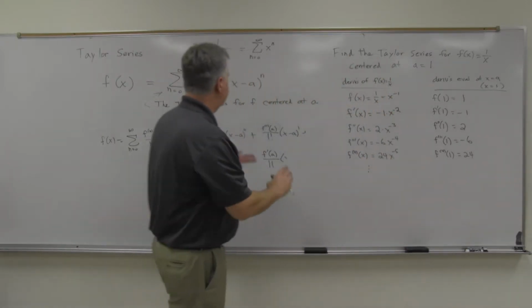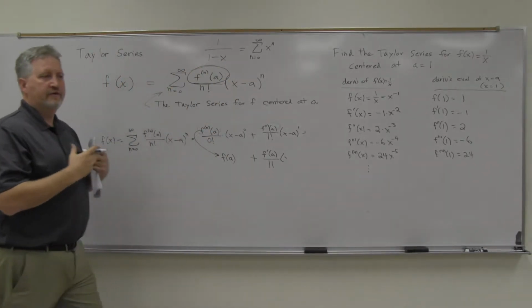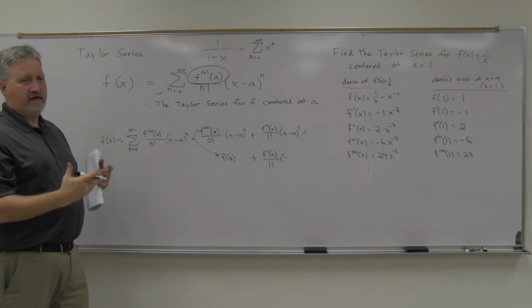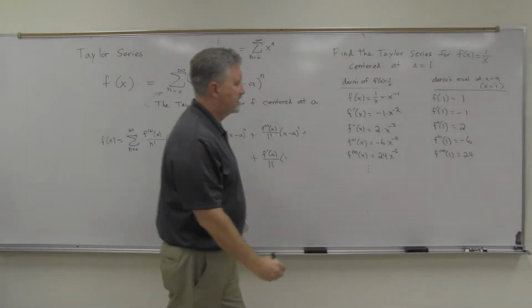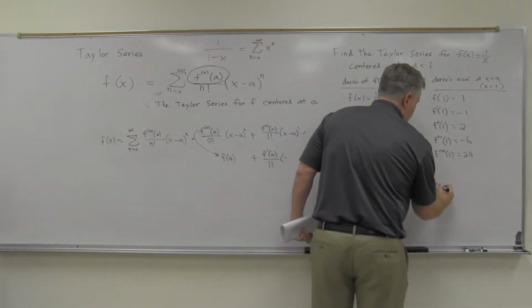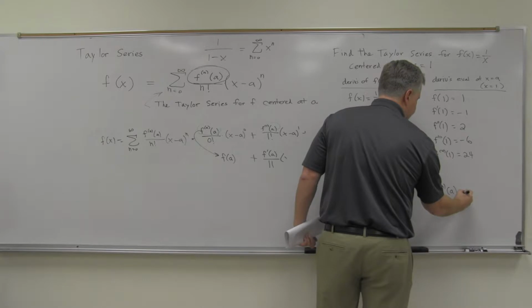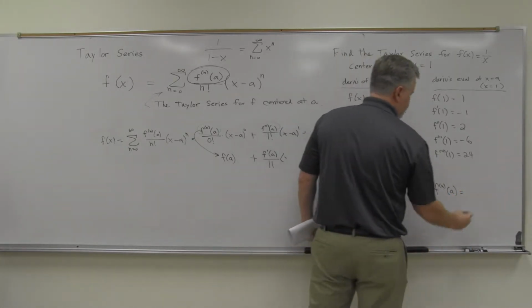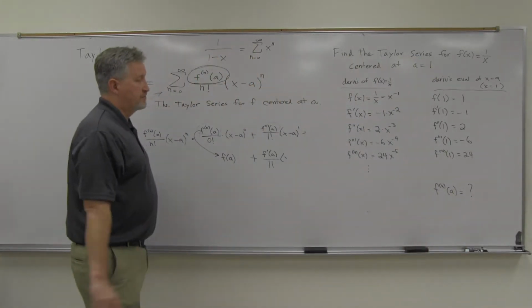So the reason we're doing all this is we're looking for this right here. Can I get the nth derivative at a in a general form? So that's why we do this. Can I get that expression right there?